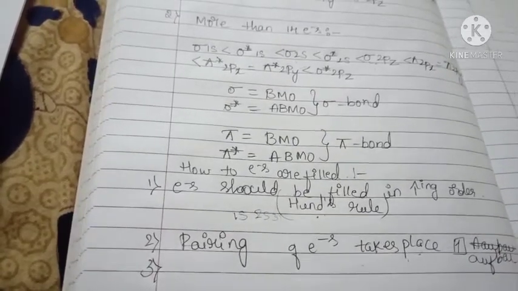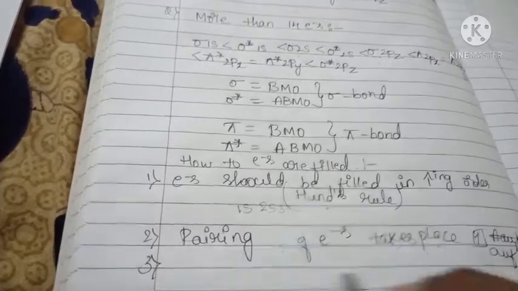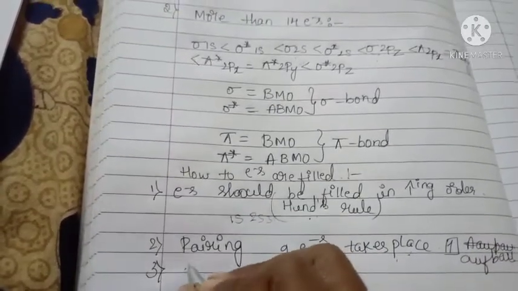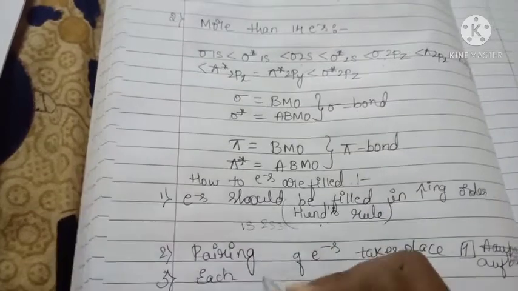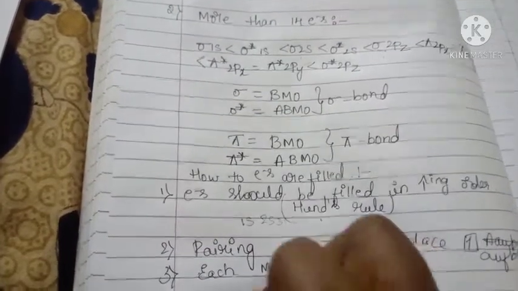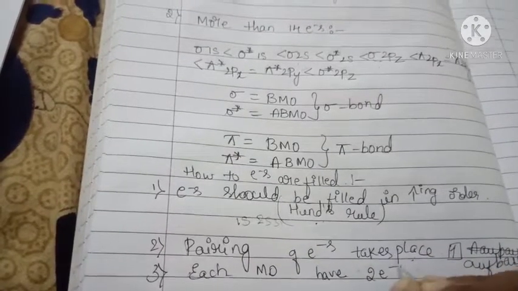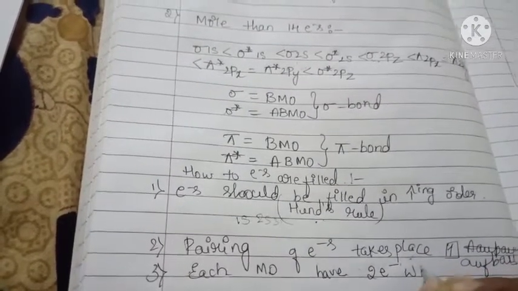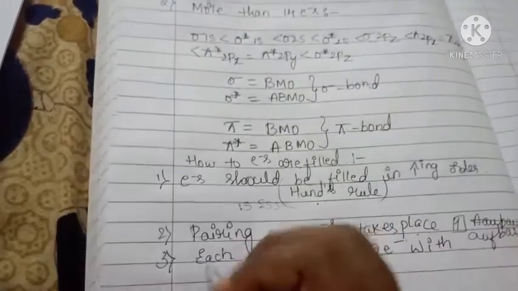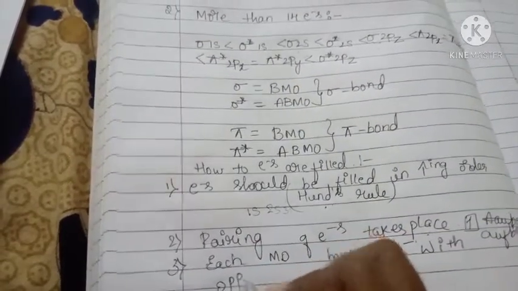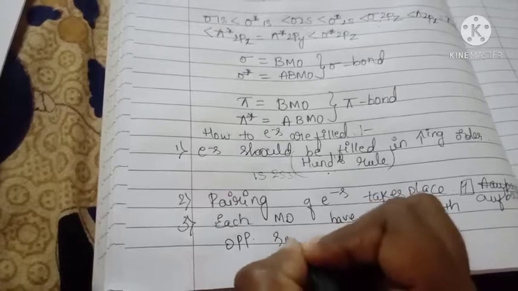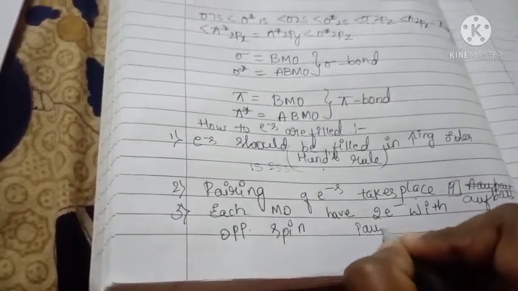Next, third one is each molecular orbital has 2 electrons with opposite spin. This is all about Pauli's exclusion principle.